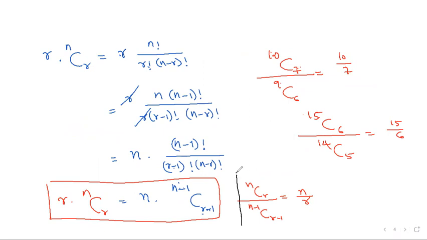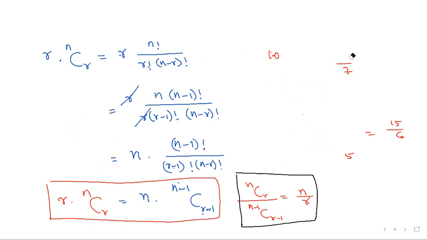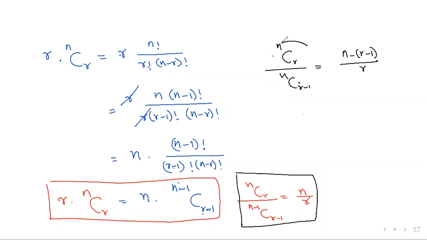You can remember it, but if you can't remember, do the definition. nCr divided by nCr minus 1 is equal to the difference between up and down, divided by down. The difference between these two. Then it is like this here.